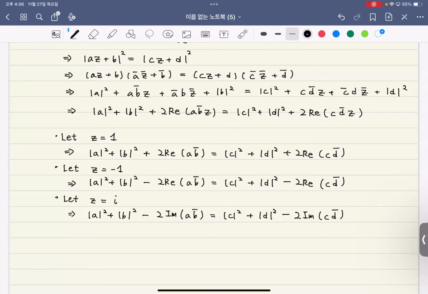Now what? Well, without too much trouble, I can derive some very interesting identities from the first two equations. If you add these two equations, then this term and this term both cancel each other. So it turns out A squared plus B squared equals C squared plus D squared.